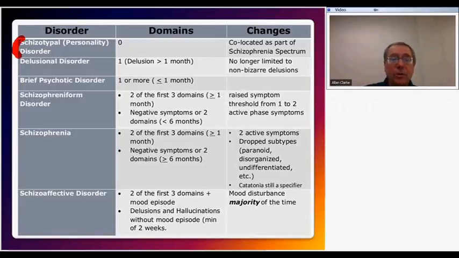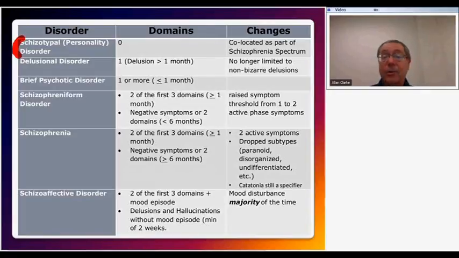So delusional disorder just has the one domain of a delusion, but it also is no longer limited to just non-bizarre delusions, so it can include bizarre delusions. Brief psychotic disorder, pretty much the same. Schizophrenia and schizophreniform disorder, of course, schizophreniform disorder is for individuals who haven't met the full 6-month criteria for schizophrenia.